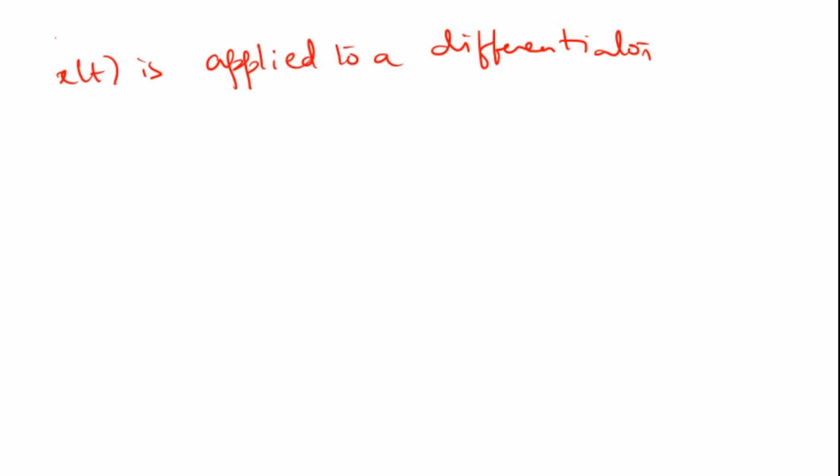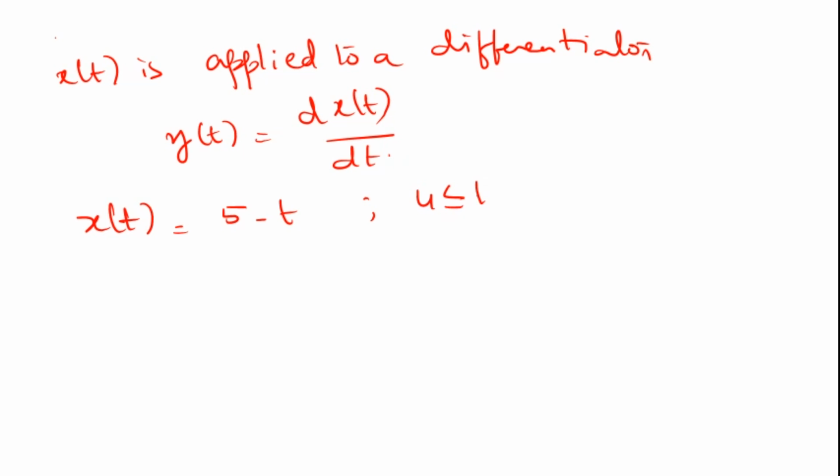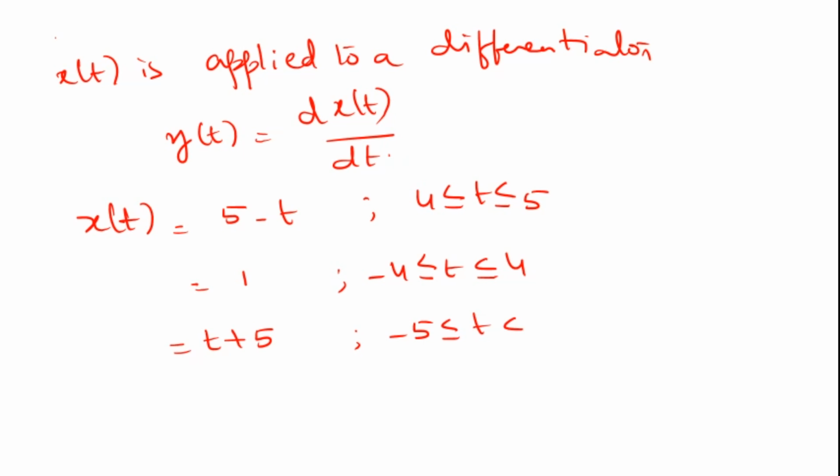For the pulse given, x of t is applied to a differentiator given by y of t is equal to d of x of t divided by dt, where x of t is given: x of t is equal to 5 minus t for 4 less than or equal to t less than or equal to 5, equal to 1 for minus 4 less than or equal to t less than or equal to 4, t plus 5 for minus 5 less than or equal to t less than or equal to minus 4, and 0 otherwise.